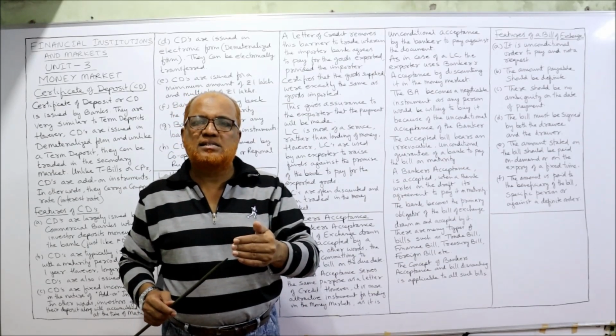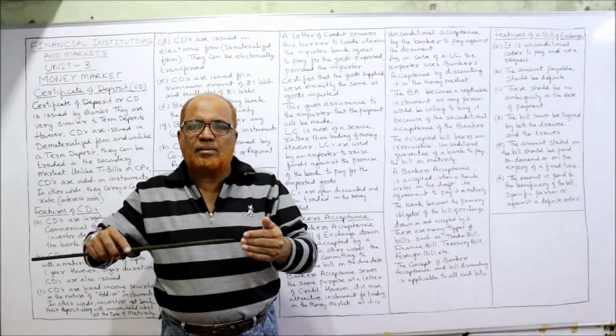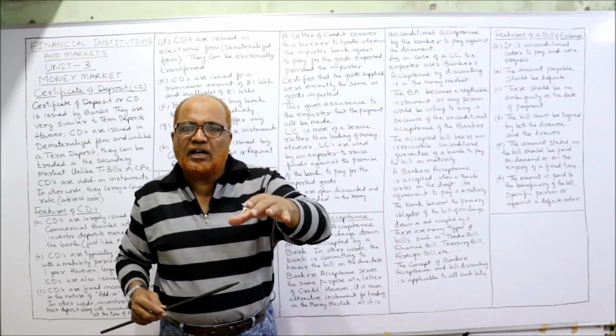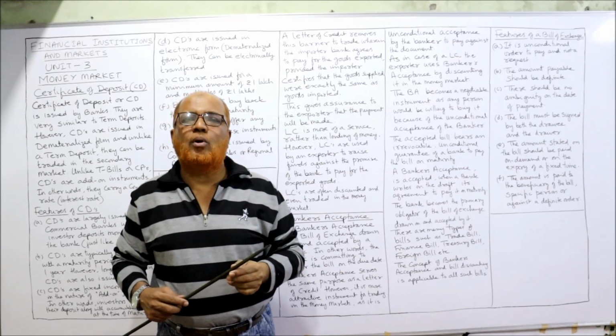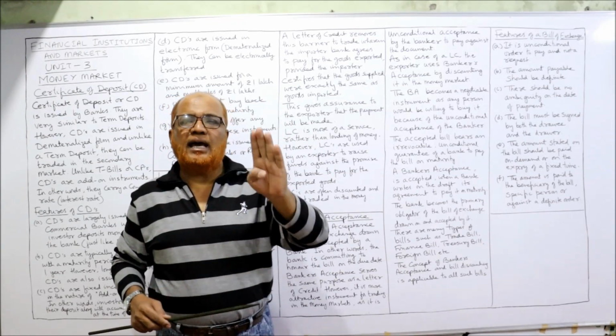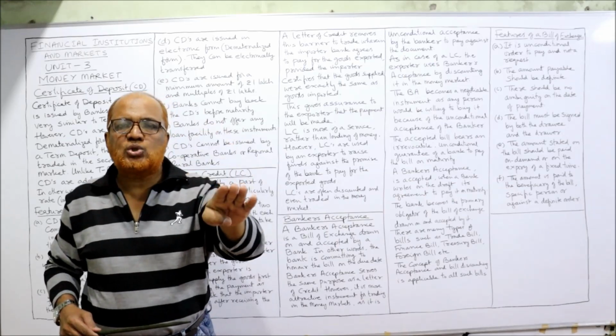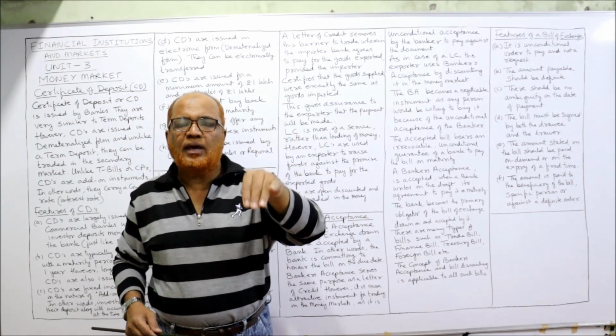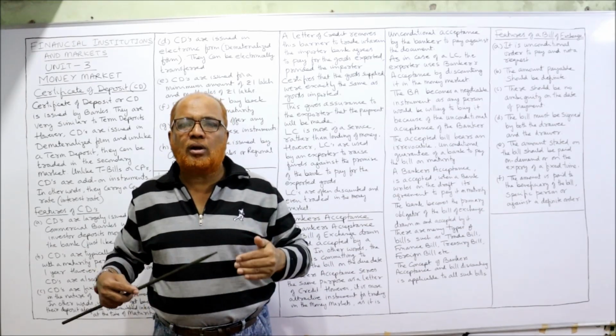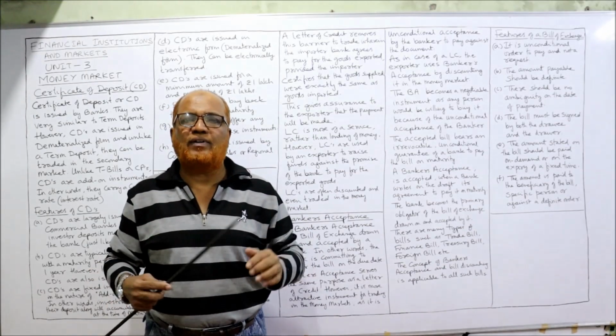Once the LC is received, it will take some time to get the money. During that period, the LC can be used as an instrument to borrow funds. That LC can be treated as an instrument in the money market. On the basis of that LC, a person can procure the funds.